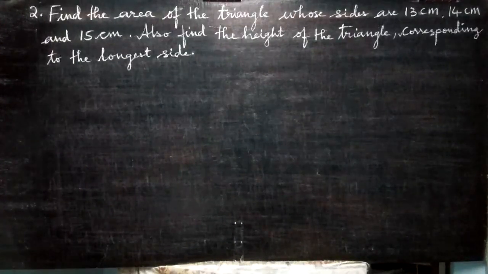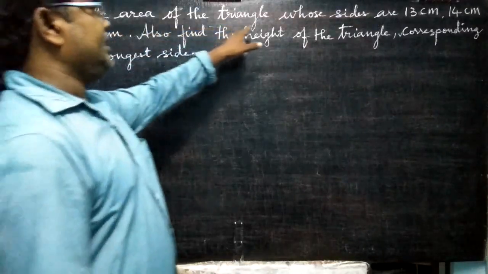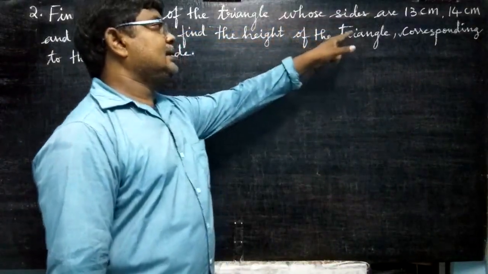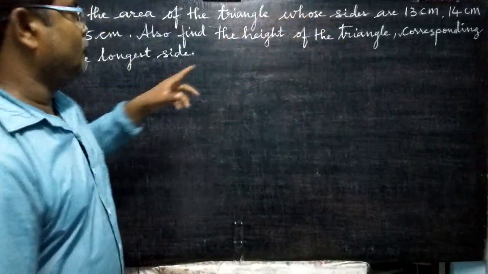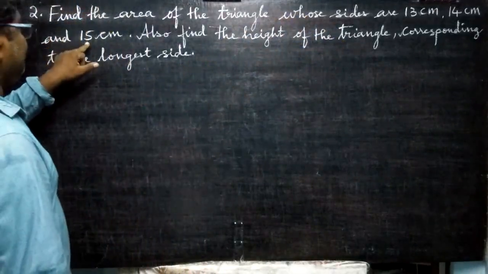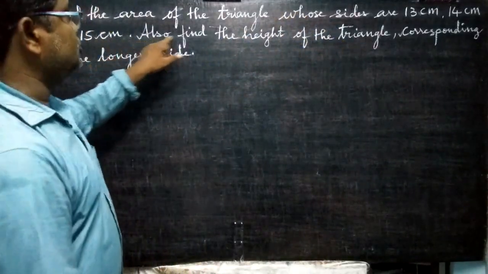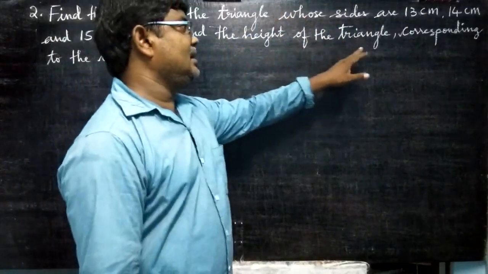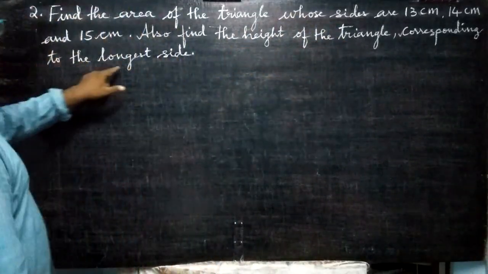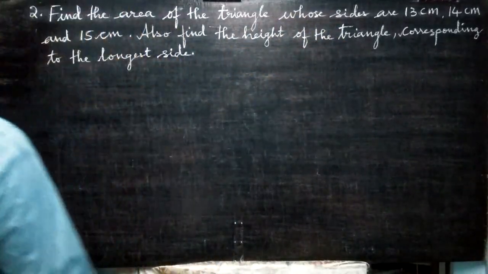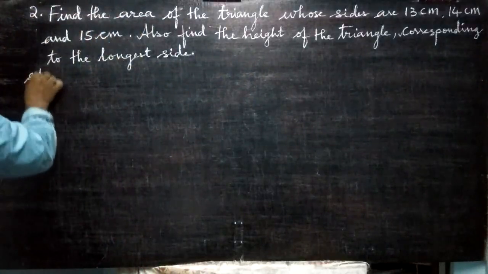Second problem. Find the area of a triangle whose sides are 13 centimeters, 14 centimeters and 15 centimeters. Also find the height of the triangle corresponding to the longest side. So be careful. Solution.